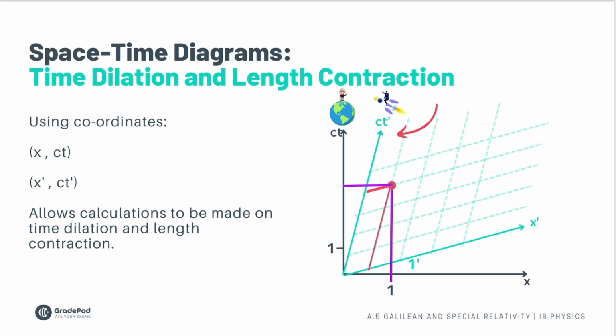On this space-time diagram, there's an event being chosen here. If you extrapolate back there and there, that will give you the X-dash position and the CT-dash position. If you extrapolate back to the frame S frame of reference, that will give you the X position and the CT value. Having these values then allows you to make calculations using time dilation and length contraction.